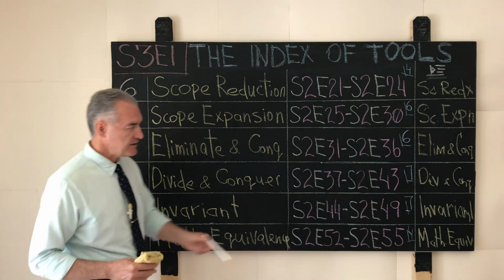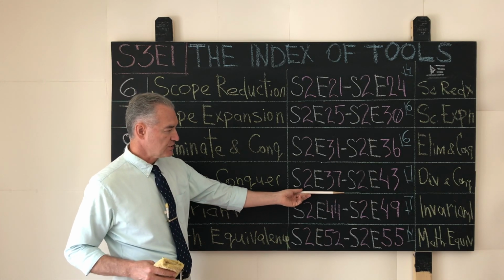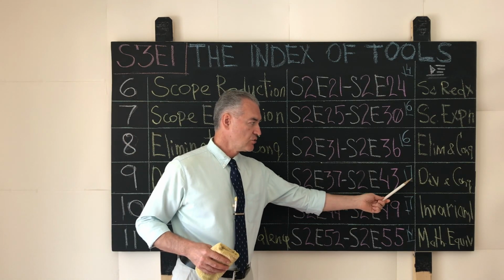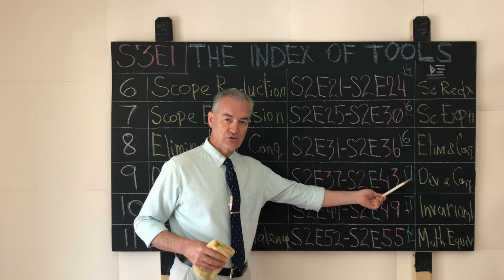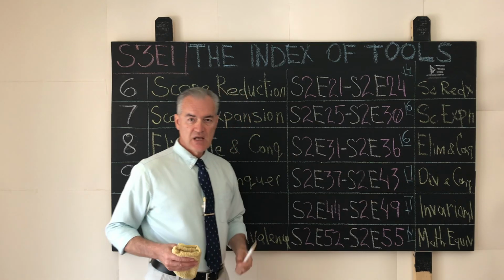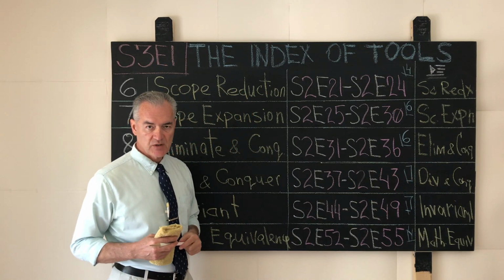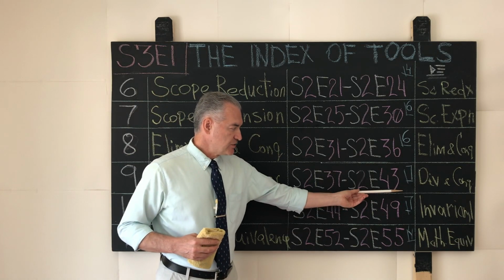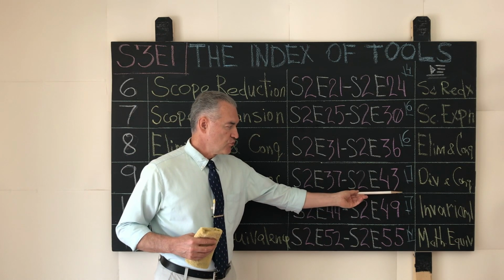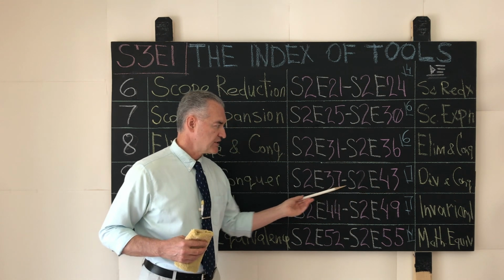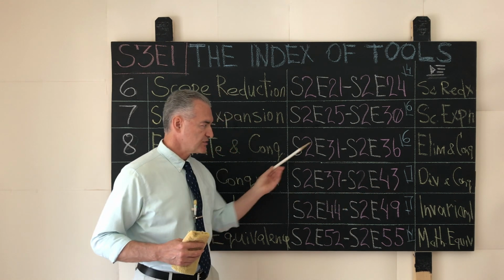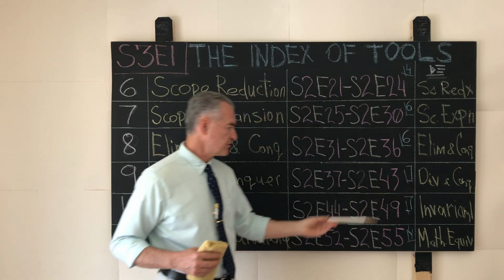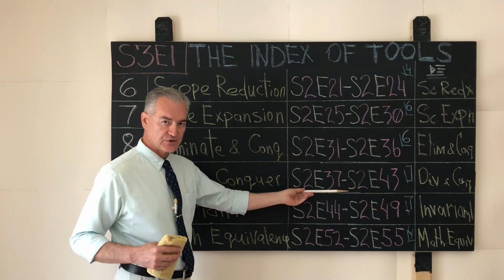We study the mechanics of how this problem-solving approach works in Season 2, Episode 37, and then for no less than 7 episodes, we look at examples of how the divide and conquer approach works, terminating that dedicated study with Season 2, Episode 43, so episodes 37 through 43. All these episodes live in the playlist called Divide and Conquer, 7 episodes, explanation of how it works.